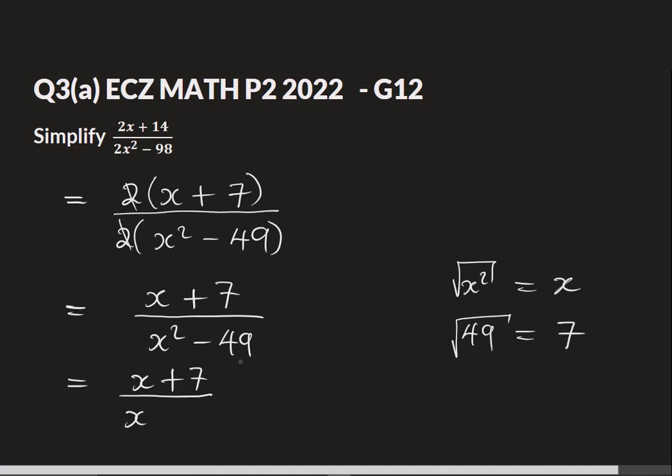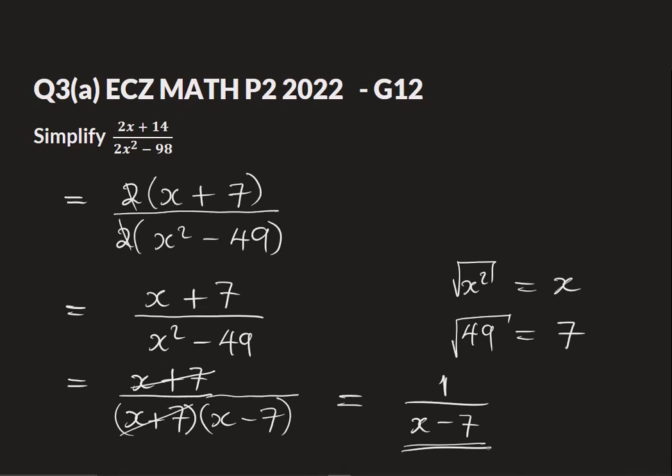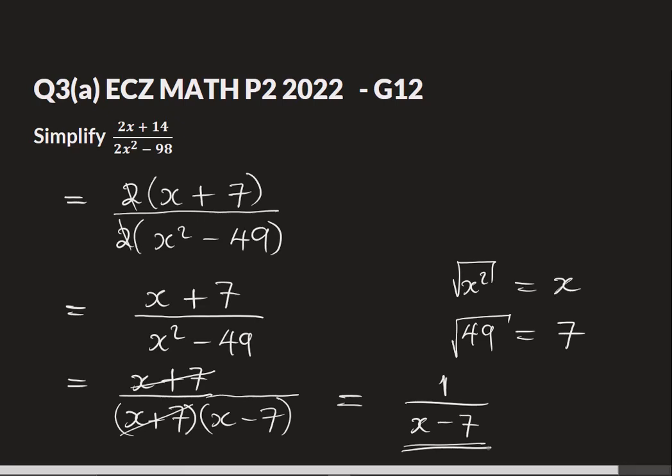We can rewrite this difference of 2 squares as x plus 7 multiplied by x minus 7, where we can see that x plus 7 and this x plus 7 can cancel out and give us a final answer of 1 over x minus 7. Just like that, we have performed the concept of difference of two squares, which is actually a way of factorizing your answer. But here we're just looking at it as one of those procedures in algebra that is important.